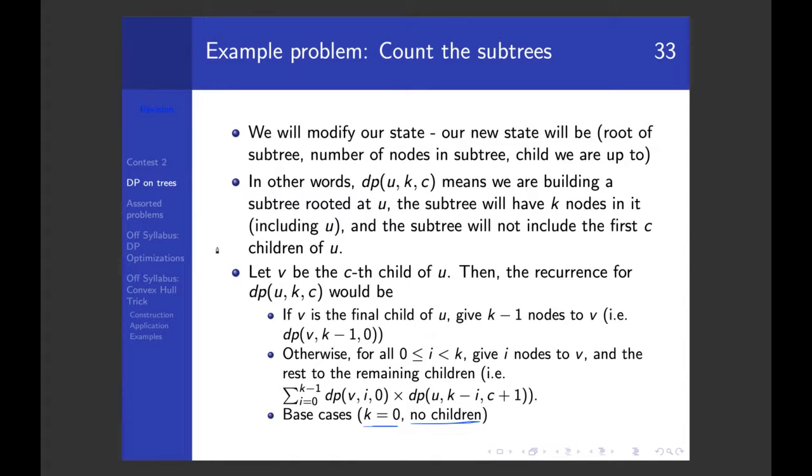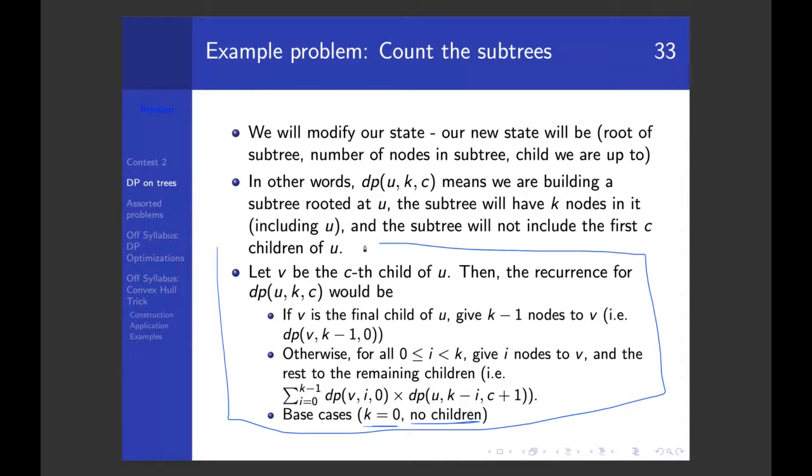This recurrence makes sense. This is probably a new and confusing idea, but also kind of important. So often in tree DP problems, in harder tree DP problems at least, you often need to have this child idea. So rather than having DP of just a node, you have DP of a node and a child.